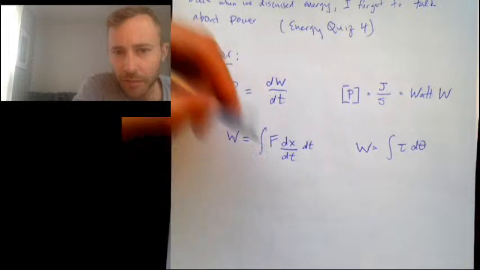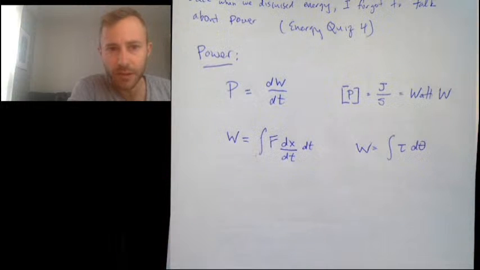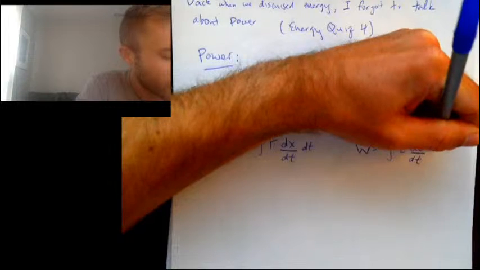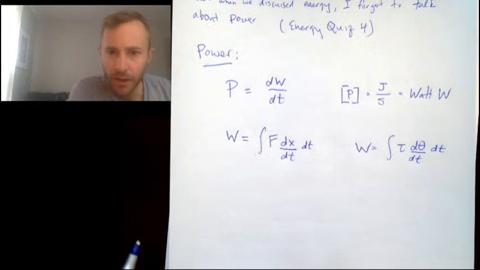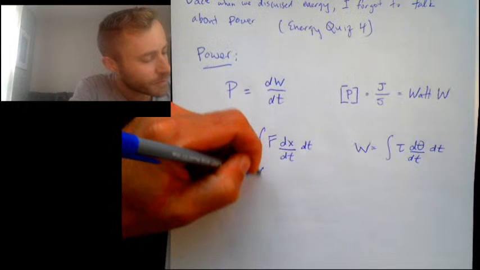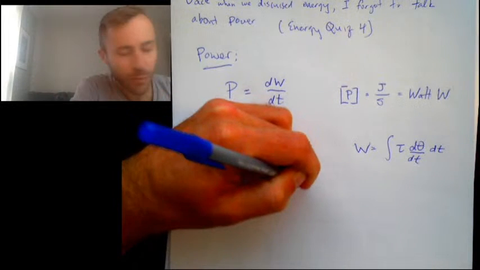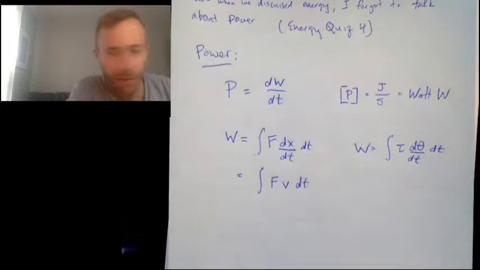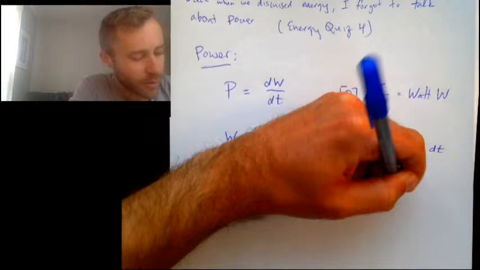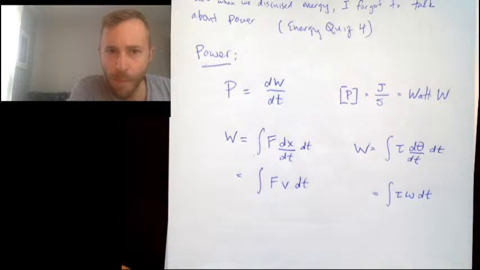That's the same, because I'm just multiplying by 1, since it's dt over dt. I can just cancel out the dt's and I get back to where I started. Okay? So you might notice that we have dx dt. That's just the velocity. So work is the integral of force times velocity with respect to time. And here, the derivative of angle with respect to time is just angular velocity, which is omega.